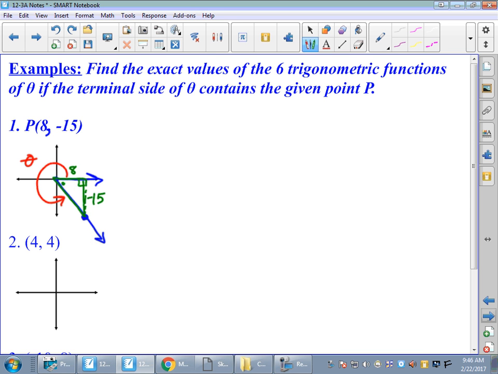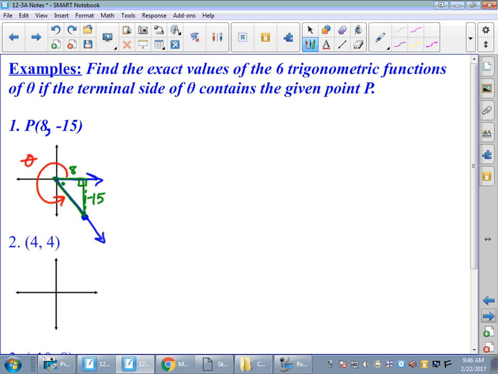So I know it's a little different than any other triangle in geometry. We wouldn't allow for a side measurement of a triangle to be negative 15. In this case, the negative is telling us that we went down 15 units rather than up 15 units. So we're going to use that negative when we're writing our trig values. It tells us where that angle is located.